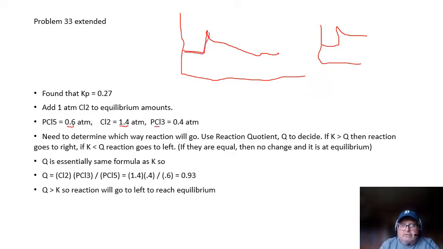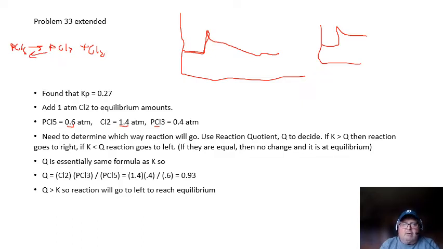You get an increase of your Cl2. Now, you have your equation: PCl5 goes to PCl3 plus Cl2.